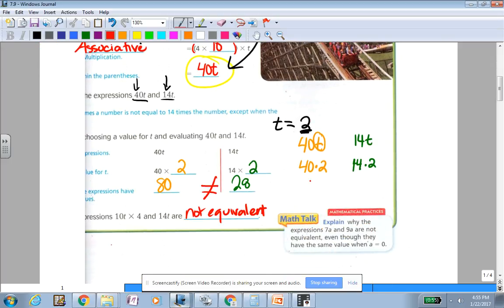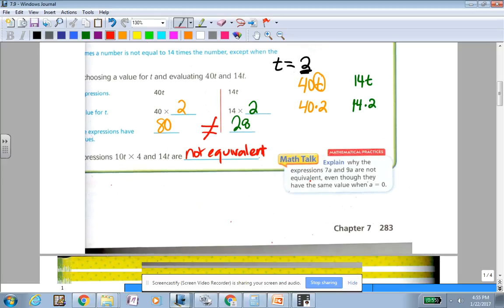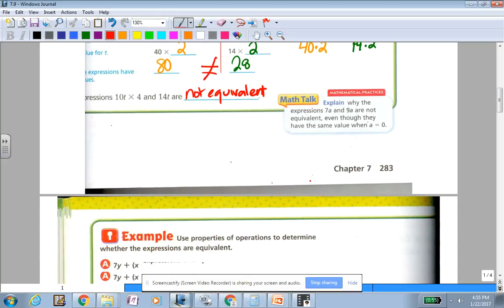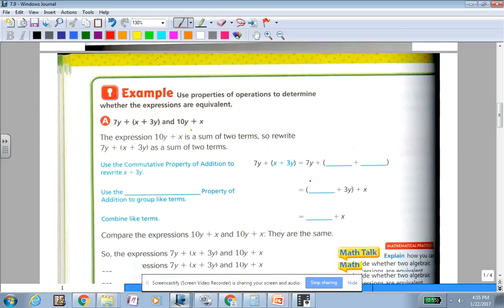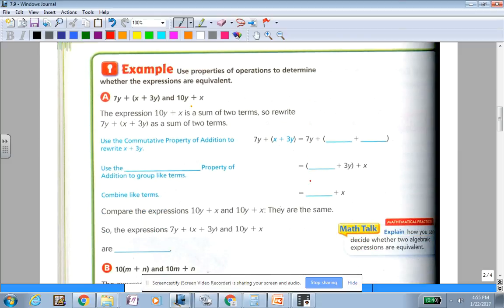The next page example asks us once again to use the properties of operations to determine whether the expressions are equivalent. That's what we're doing here. I'll highlight that so we can be reminded of what we're focusing on. Once again, we've got two distinct expressions.